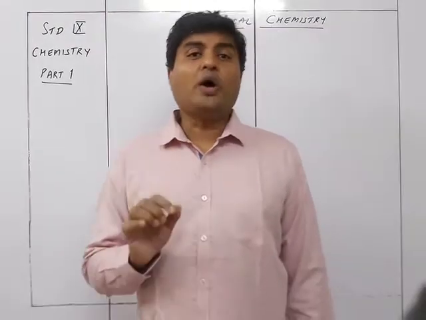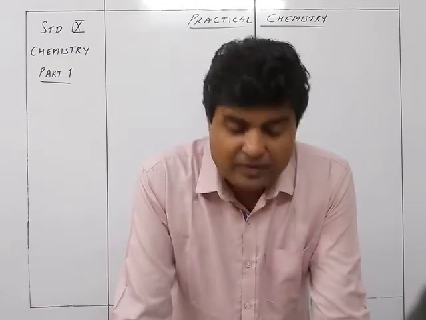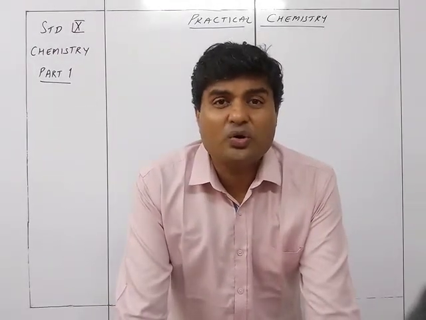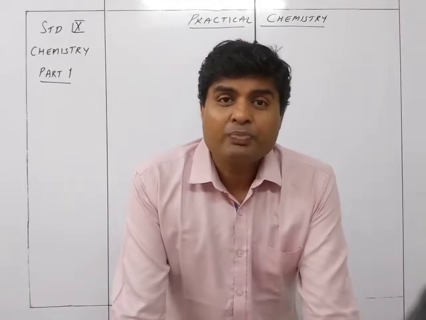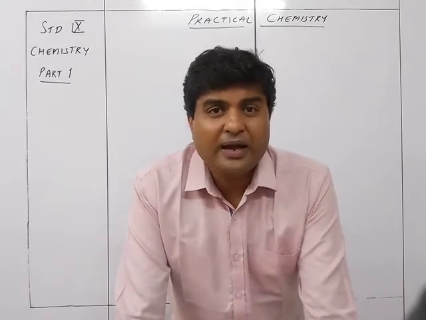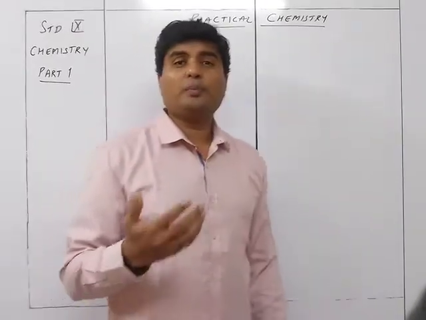If you pass more carbon dioxide, the milkiness is removed, because with excess carbon dioxide the carbonate becomes bicarbonate, and bicarbonate is soluble, so there is no precipitate.